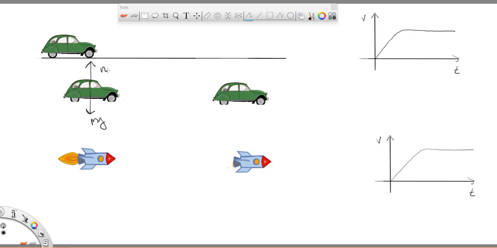Now, if the driver's giving it gas, and I'm going to imagine it's a front-wheel drive car here, there's a frictional force created in this direction, to the right. Now, if you think about how vectors add graphically, or algebraically for that matter, these two force vectors are going to add to zero.